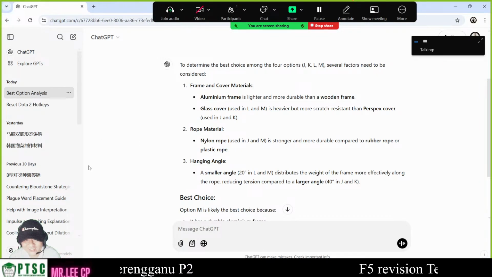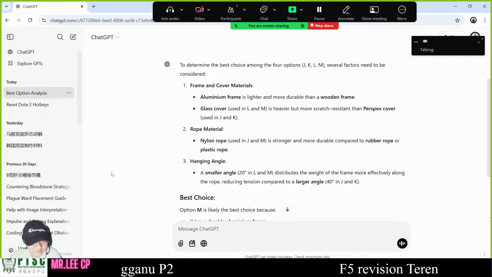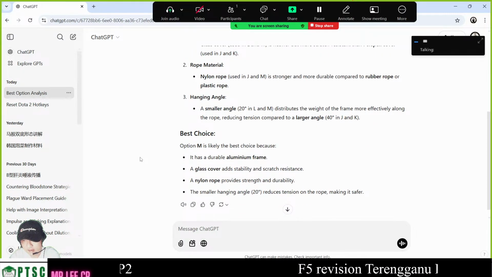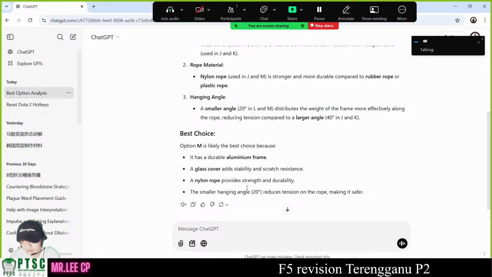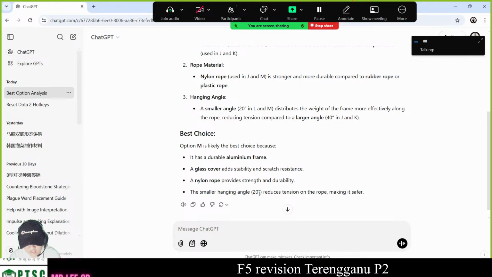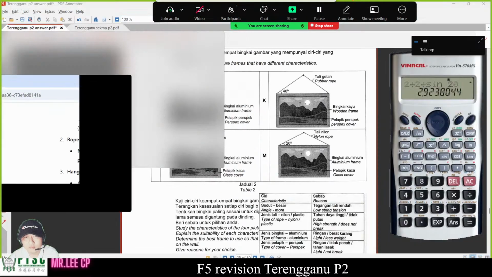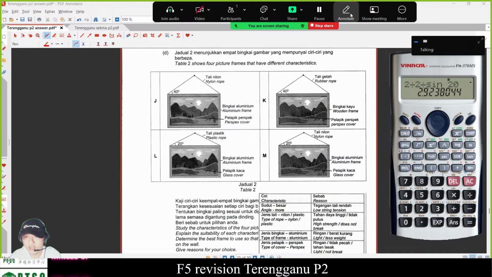Don't know, then ask. No, 20 degrees should be 29. Huh? Yeah, smaller reduce the tension. Cannot be 2.9. Okay, I calculate again.